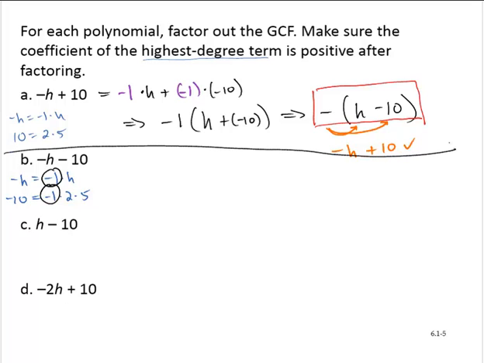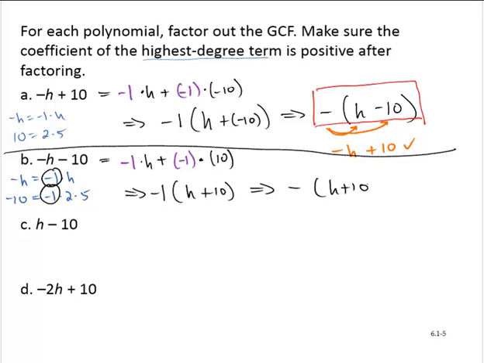So I can think of this as negative 1 times h plus negative 1 times positive 10. So, factoring out that common factor of negative 1, I can write this as negative 1 times h plus 10, or more simply, negative quantity h plus 10.